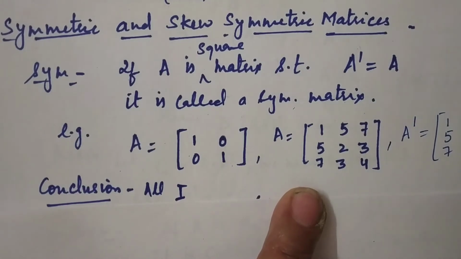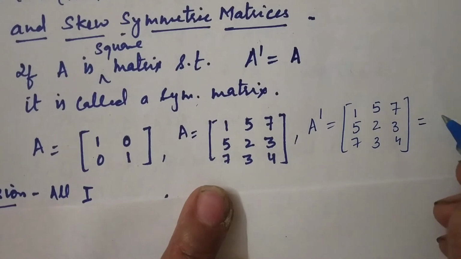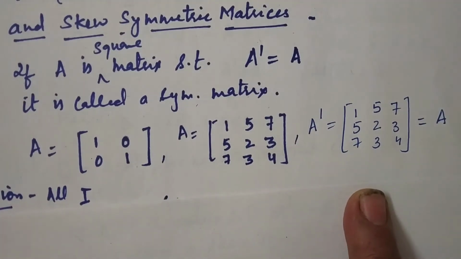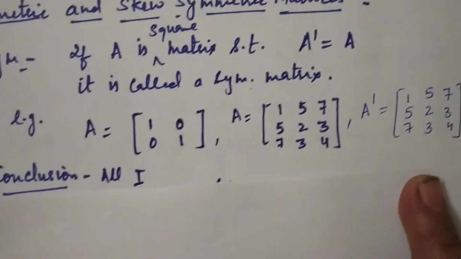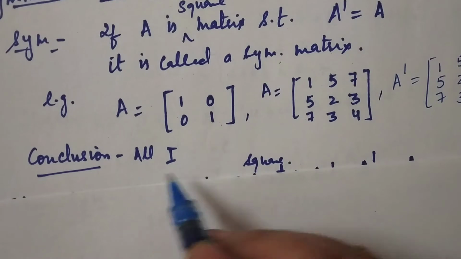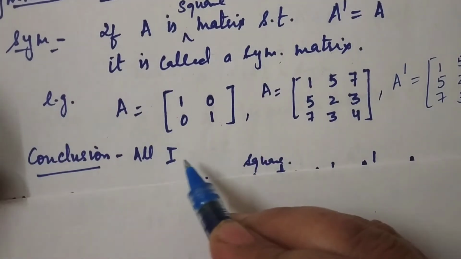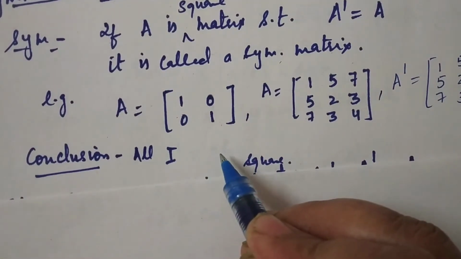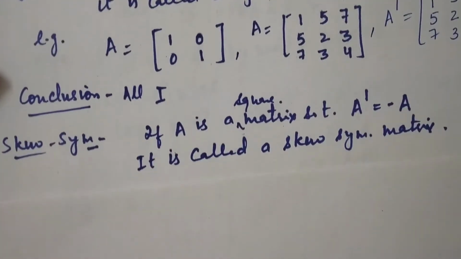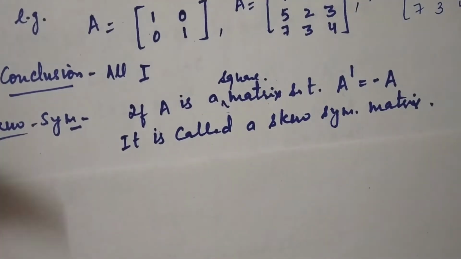I can see that it is the same matrix A. So this is another example of the symmetric matrix. Now we take out one conclusion, as already I said that all identity matrices are symmetric matrices. Now we come to skew symmetric matrix.